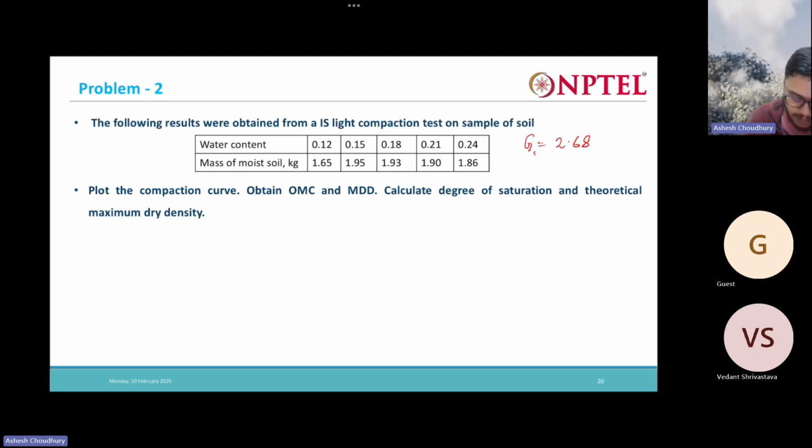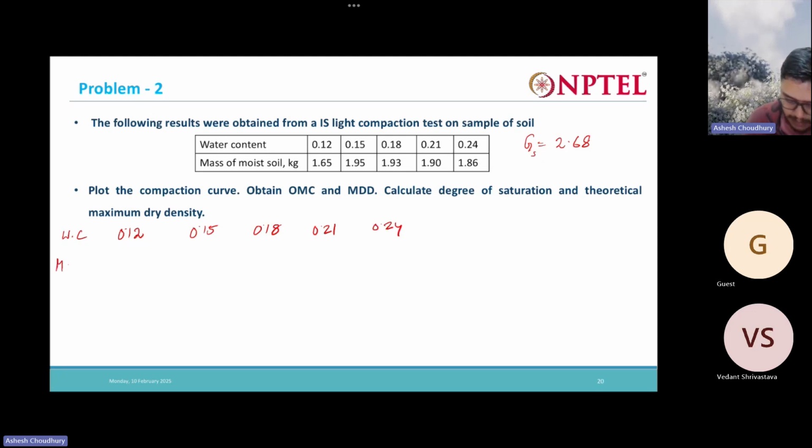First we will write down the water contents: 0.12. These are not percentages, these are in decimal: 0.15, 0.18, 0.21, 0.24.